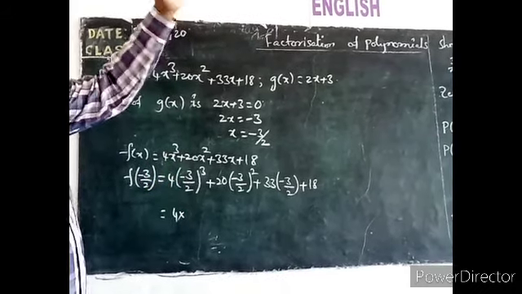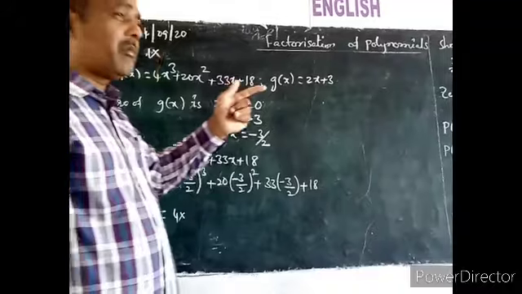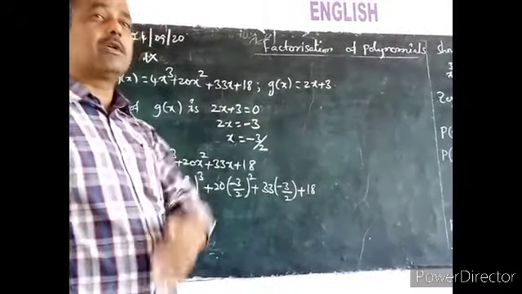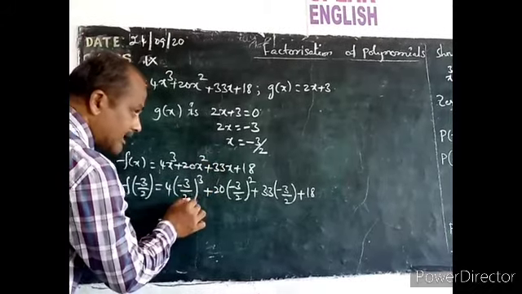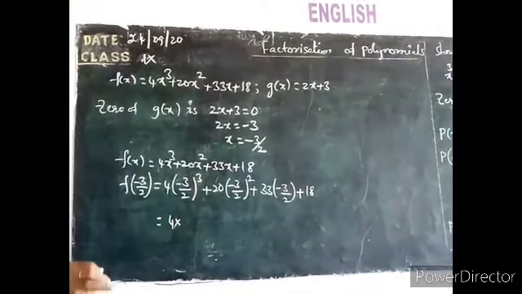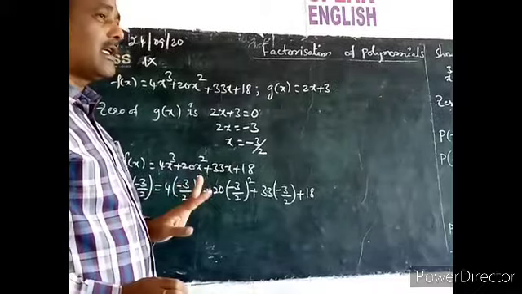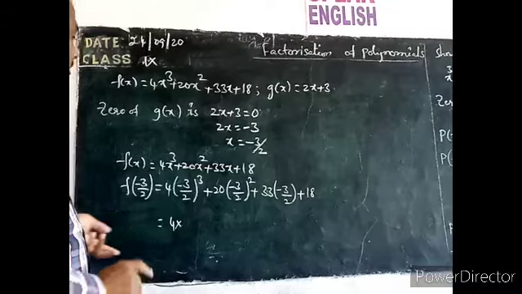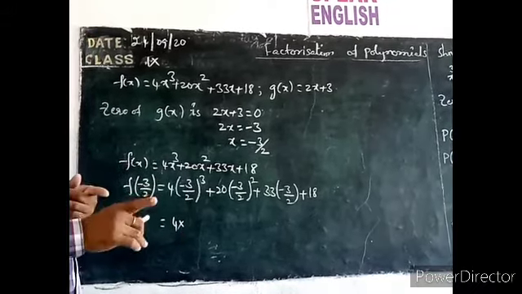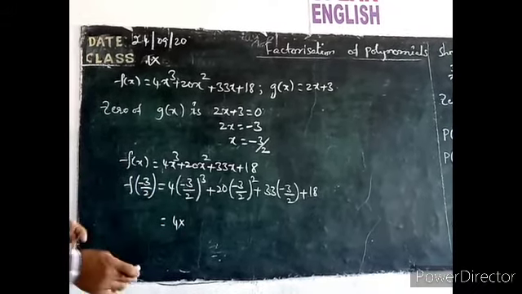We have (a by b) whole power m is a power m by b power m, learned in 8th class exponents and powers. Now minus 3 power 3 means minus 3 into minus 3 into minus 3. Minus into minus is plus, plus into minus is minus.